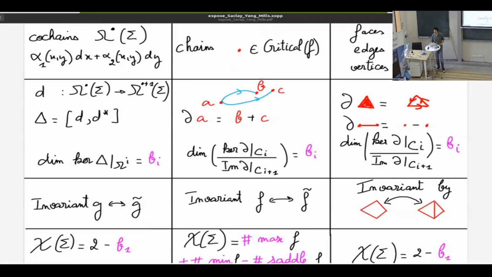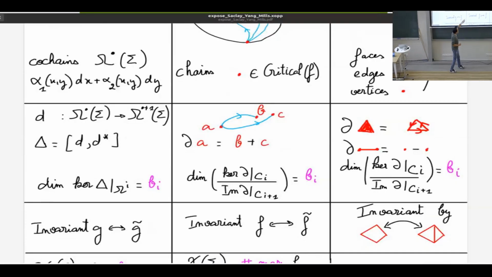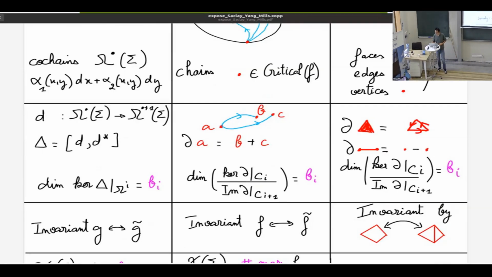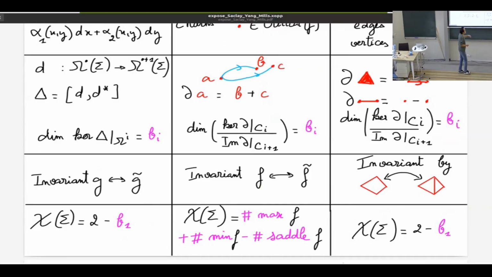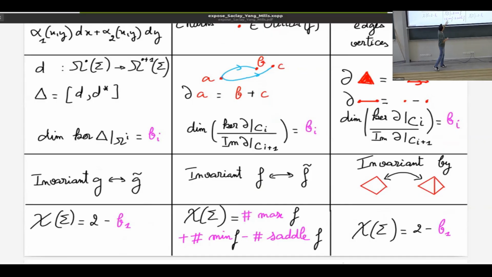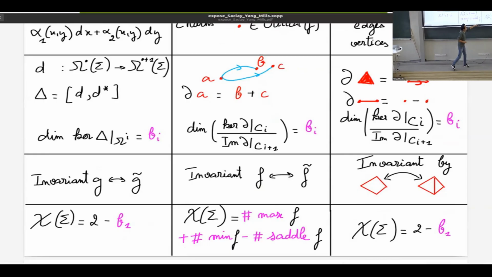There is this invariance. If somebody gives you another Morse function, you can calculate the same numbers and deduce the Euler characteristic. In the same way, you deduce the Euler characteristic by taking the number of local maxima plus local minima minus the number of saddle points. And this gives you the same number as in the case of triangulations.